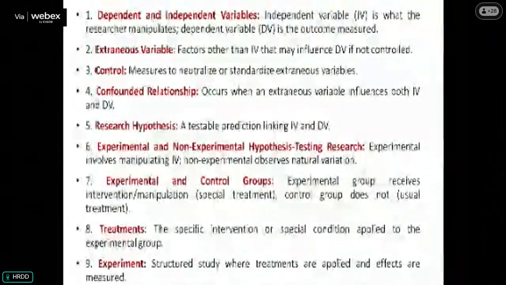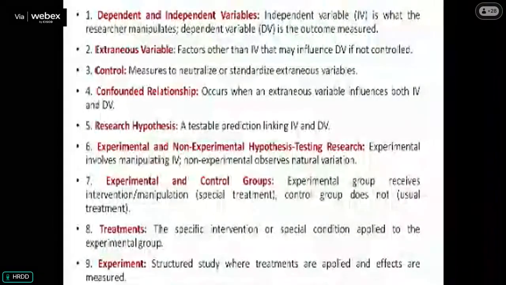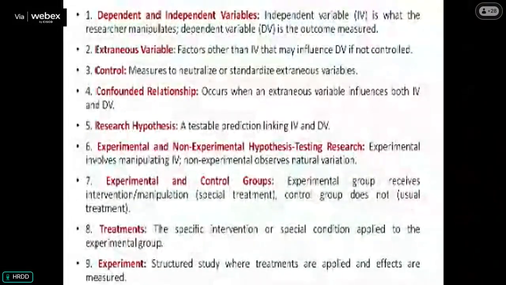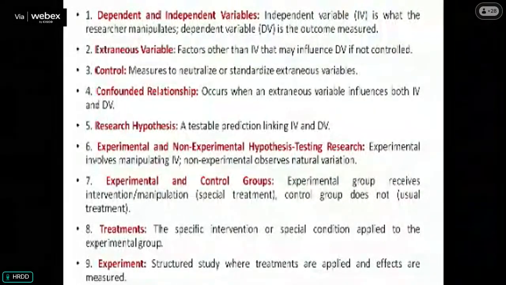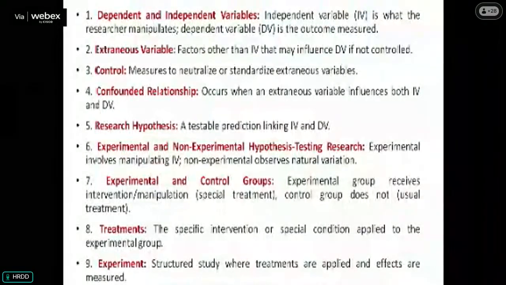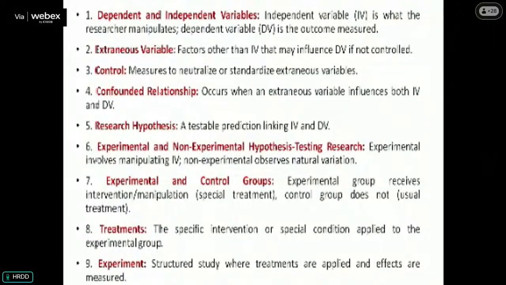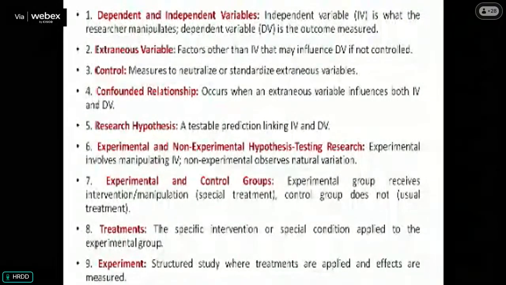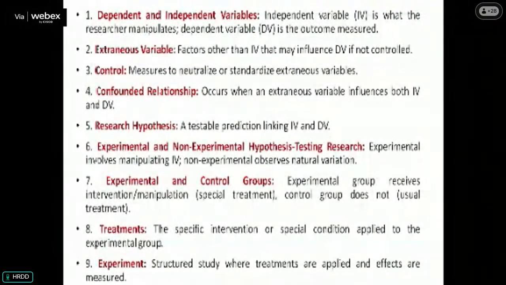Something outside of your study will affect your measurements, and you will have errors in the result. So what you have to do is use control measures to neutralize or standardize the extraneous variable, so there is no effect of the extraneous variable. That type of experiment is called a control experiment.